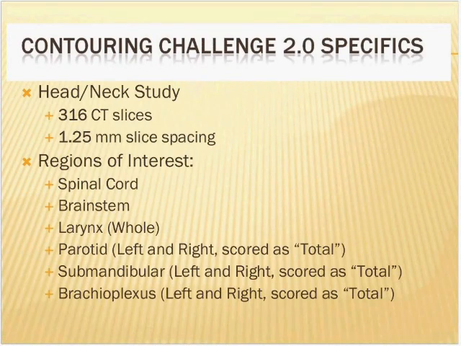The specific study for Contouring Challenge 2 was 316 CT slices at 1.25 millimeter slice spacing. The regions of interest we requested were the spinal cord, brainstem, larynx, parotid, submandibular, and the brachial plexus.